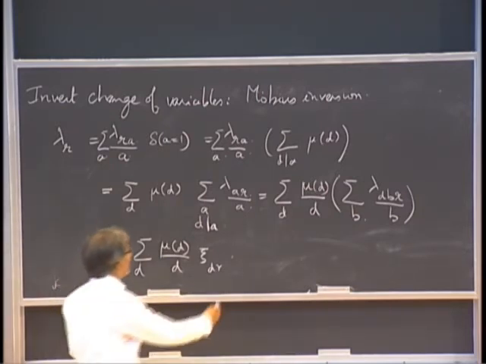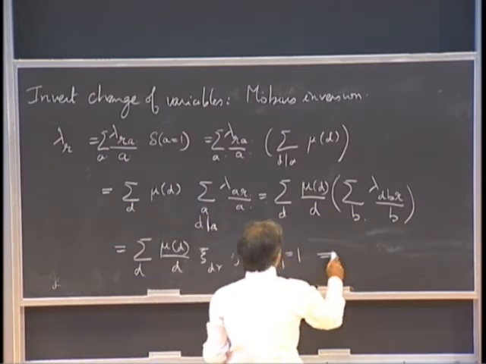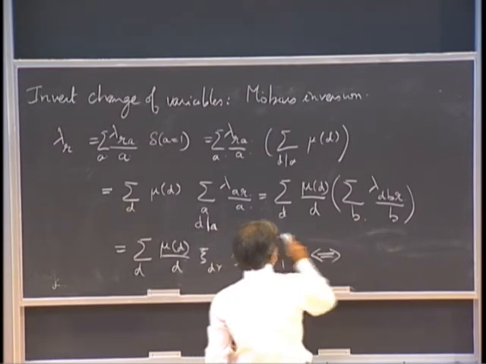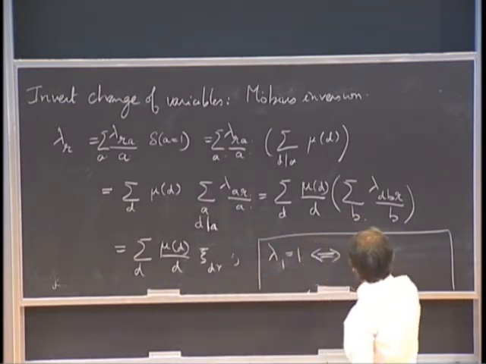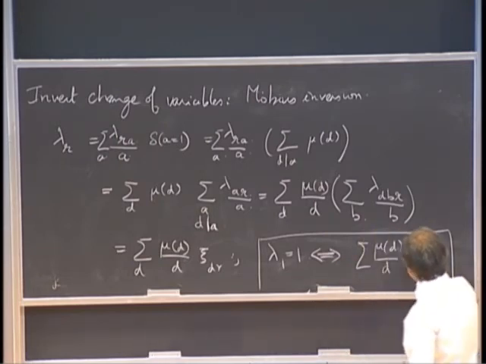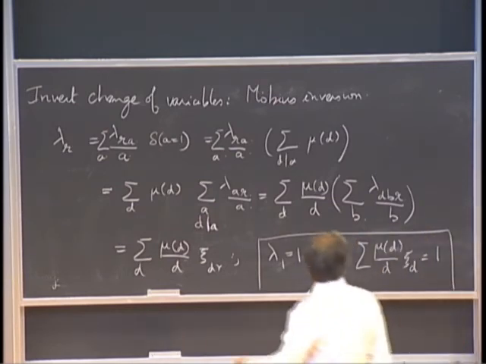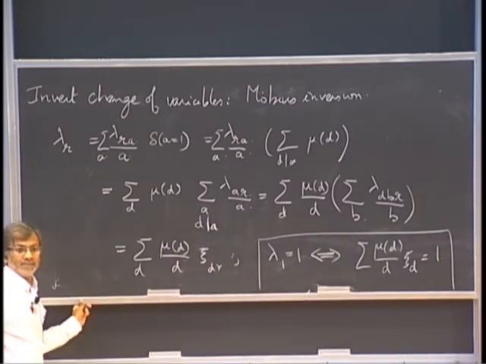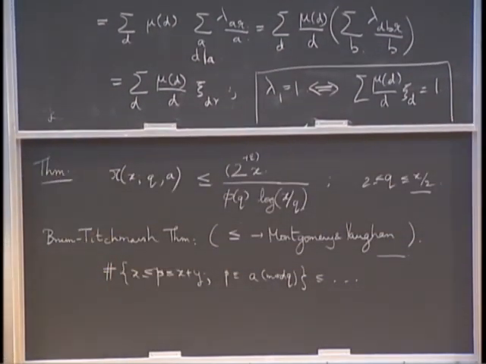So the constraint that lambda 1 is 1 is the same as saying, just use this with r equals 1, the sum of mu d over d times Xi d is equal to 1.